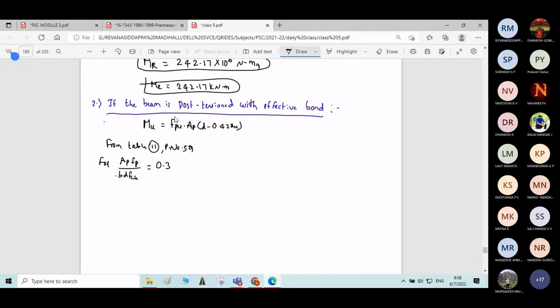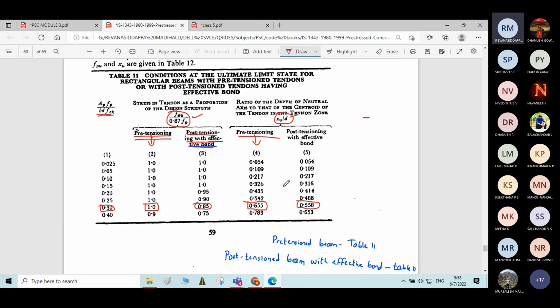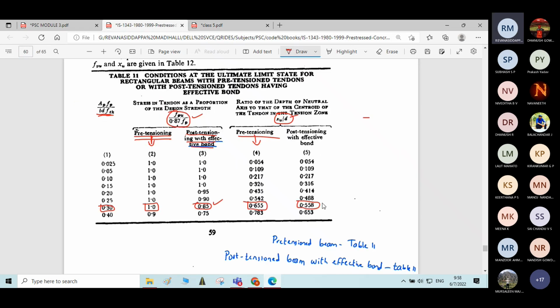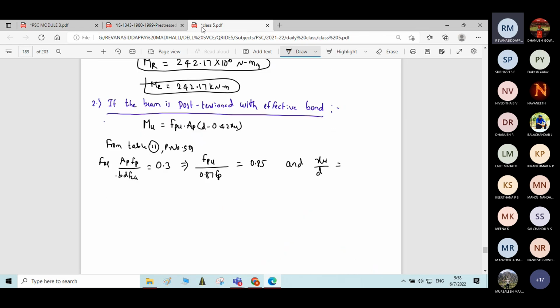Corresponding FPU by 0.87 FP is 0.85, and XU by D is equal to 0.558.